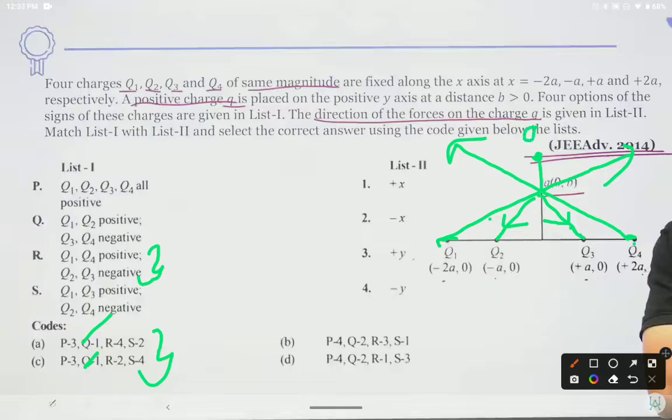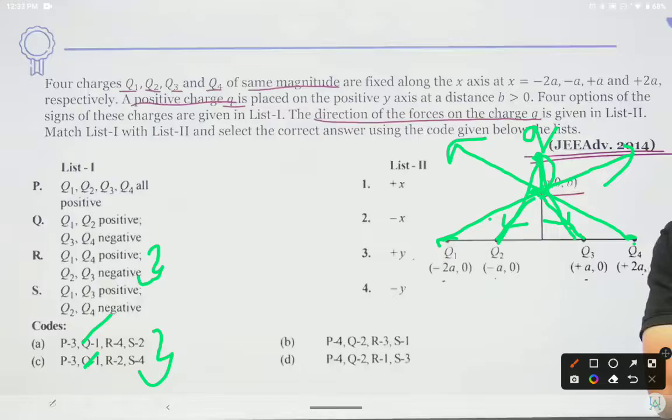Then because of the attractive forces of Q2 and Q3, negative-positive charge attraction, Q comes back to the same place. That means it exists here only. So it comes down. Q1, Q4 are positive, so it goes up. Then Q2, Q3 attract it down. So it comes along the minus y-axis.